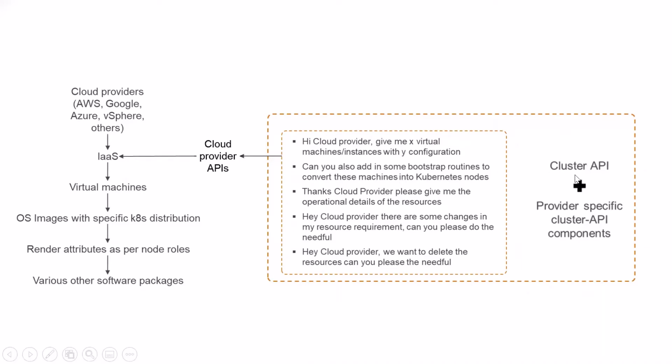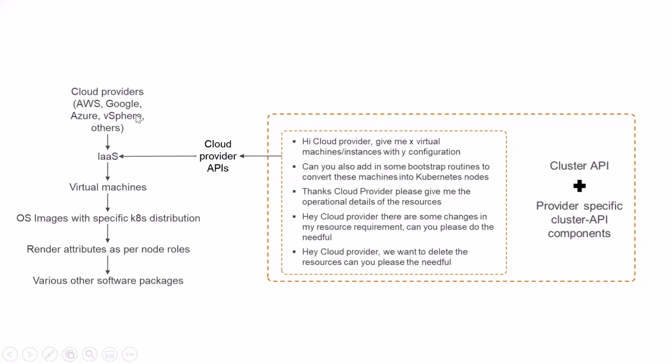The open source community maintains the core, and each provider maintains its own. Together, 1 + 1 = 2, and this gives me the capability to feed my requirements into Cluster API, and then via the specific constructs of individual providers, derive these requirements and pass them via the specific cloud provider APIs to ultimately create a Kubernetes node, right?